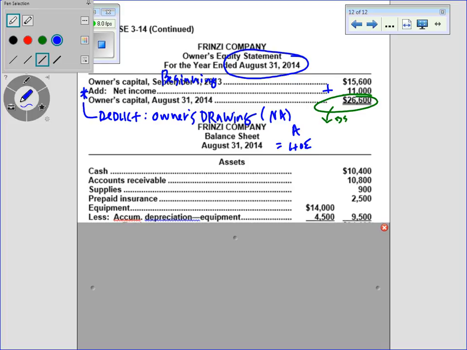Because remember, this is a contra asset account. It contradicts or it devalues that asset. So our equipment really isn't listed at its $14,000 worth because time has gone by and we adjusted for what was used. So our equipment is actually valued at $9,500.